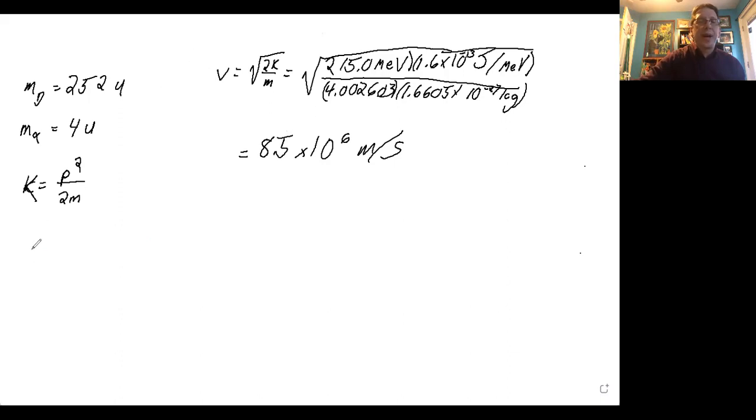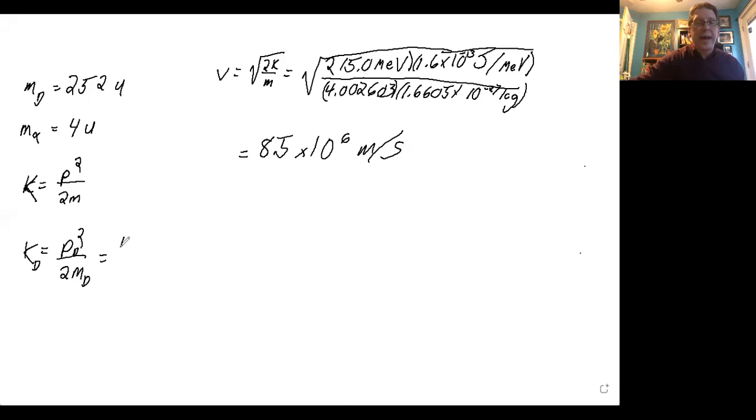So K is equal to P squared over 2M. And so this is the kinetic energy of the daughter nucleus. So it's the daughter nucleus's momentum squared divided by 2 m_d. But this is just the momentum of the alpha particle.